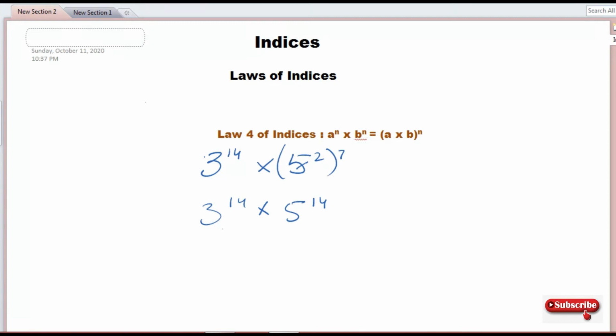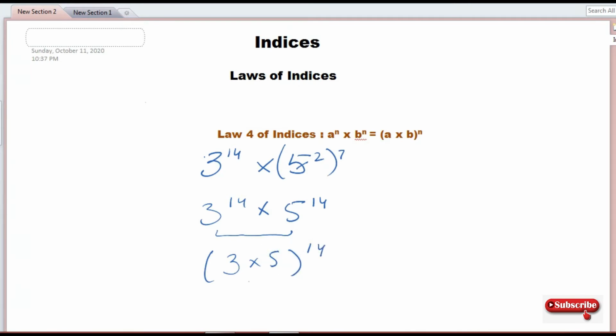Now here you see the bases are not same, so we cannot apply the law of multiplication. But we can see one thing here, that their power is same. As the fourth law says, a power n multiply b power n can be written as 3 multiplied by 5 whole power 14.